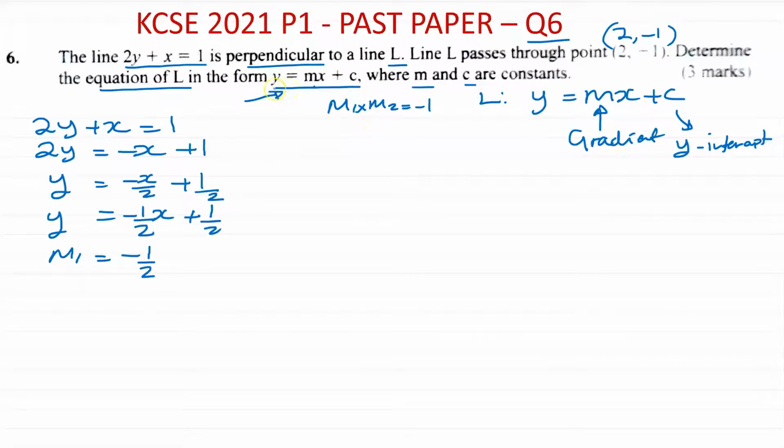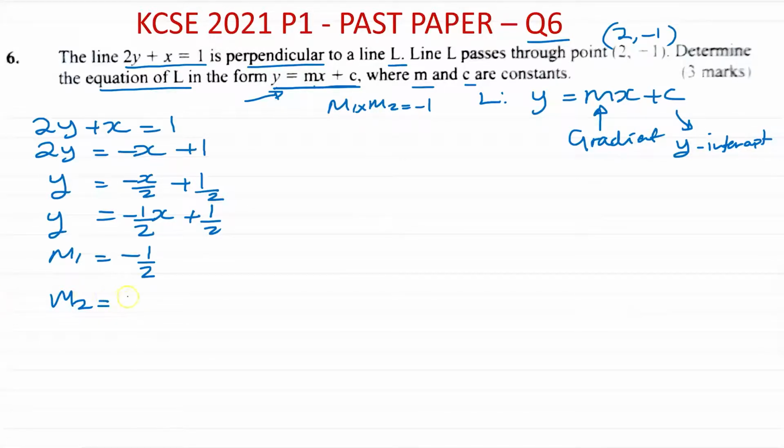We're comparing that with this general equation of a straight line, which means m2 is going to be the negative reciprocal of this one. So if this one is negative, the gradient of the perpendicular line is going to be positive. Now reciprocal means writing it upside down.